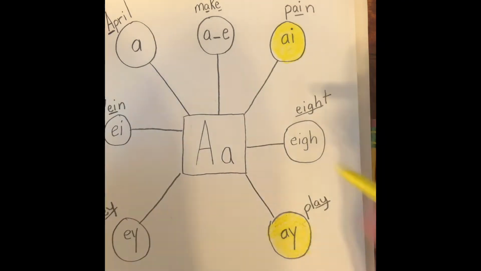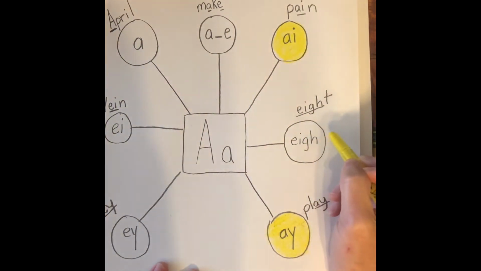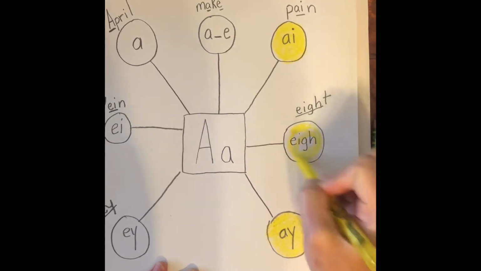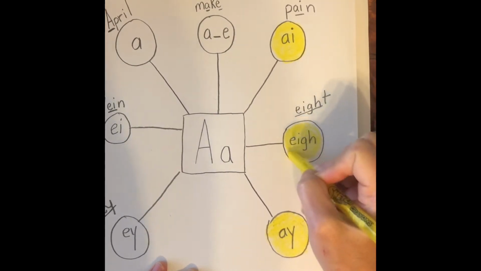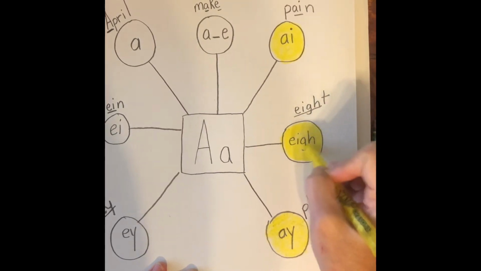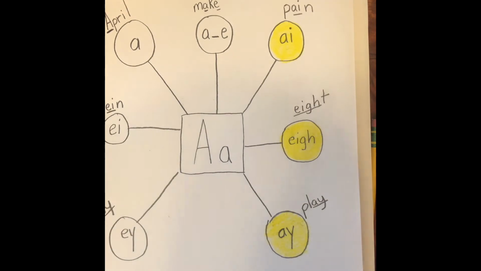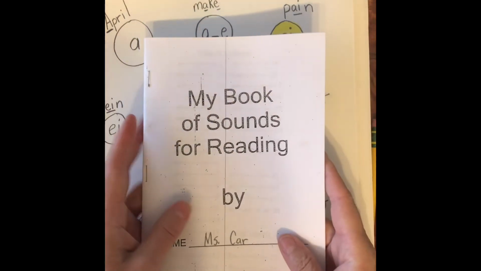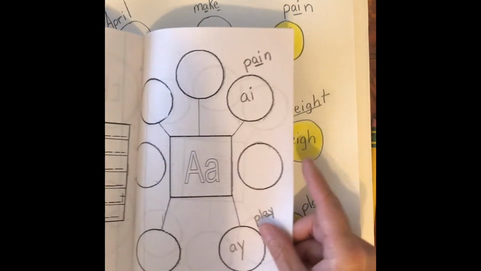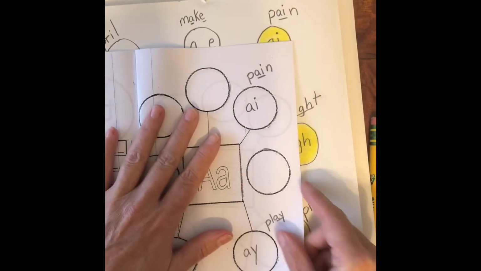And let's go ahead and color this in, EIGH, as in the word 8. And then once we have that colored in, we're going to go to the correct page, page 24, in my book of sounds for reading. It's page 24. And we're going to write it in.